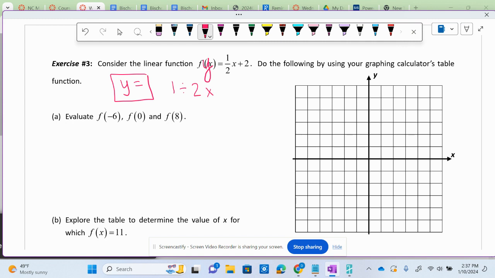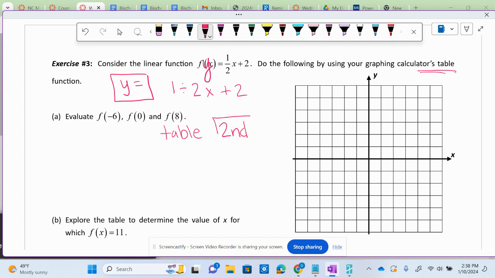X. Where do I find the X button? Does everyone know where to find X on their calculator? Yeah, it's right below the link button. It's that first. It says link above it. It's X, T, theta. Press that button in. That's your X plus 2. And it says go to the table. So now I need to go to the table. How do I get to the table?